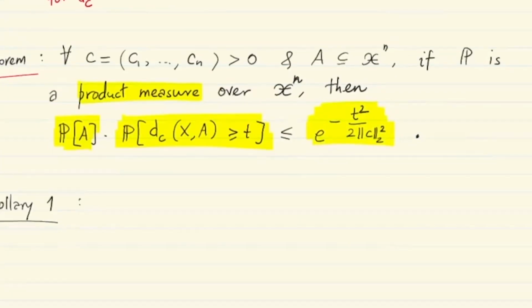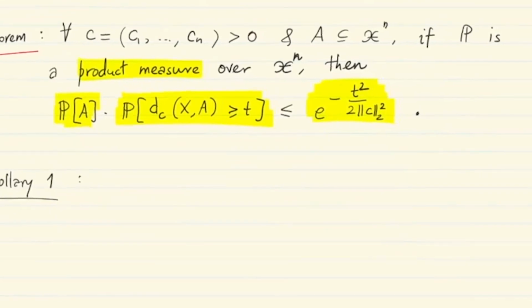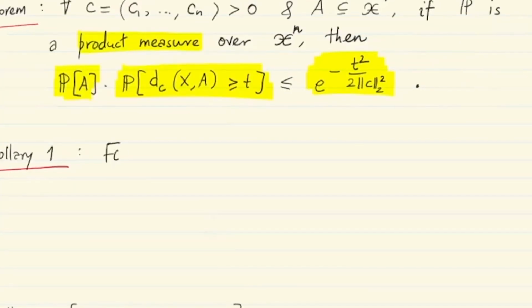Okay. And if we assume this theorem, it has some interesting corollaries. So the first corollary here is what happens when you have d_c(x,y) as the distance measure. It basically means that alpha of t, which was defined to be the supremum of the probability of the complement of the blow up of A by t, when the probability of A is at least half.